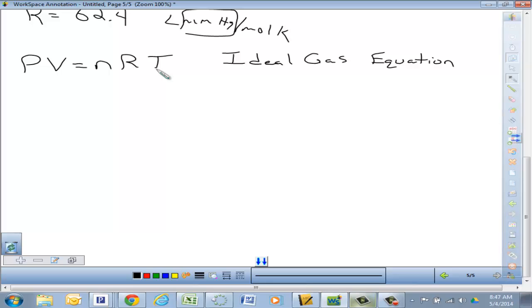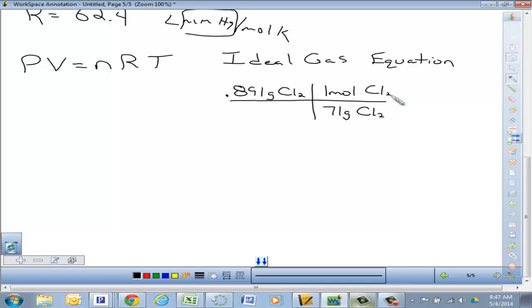Think back to what we used to do. If I gave you 0.891 grams of chlorine and told you to convert that to moles, you would have said 1 mole of chlorine is 35.5, so 71 grams of chlorine.